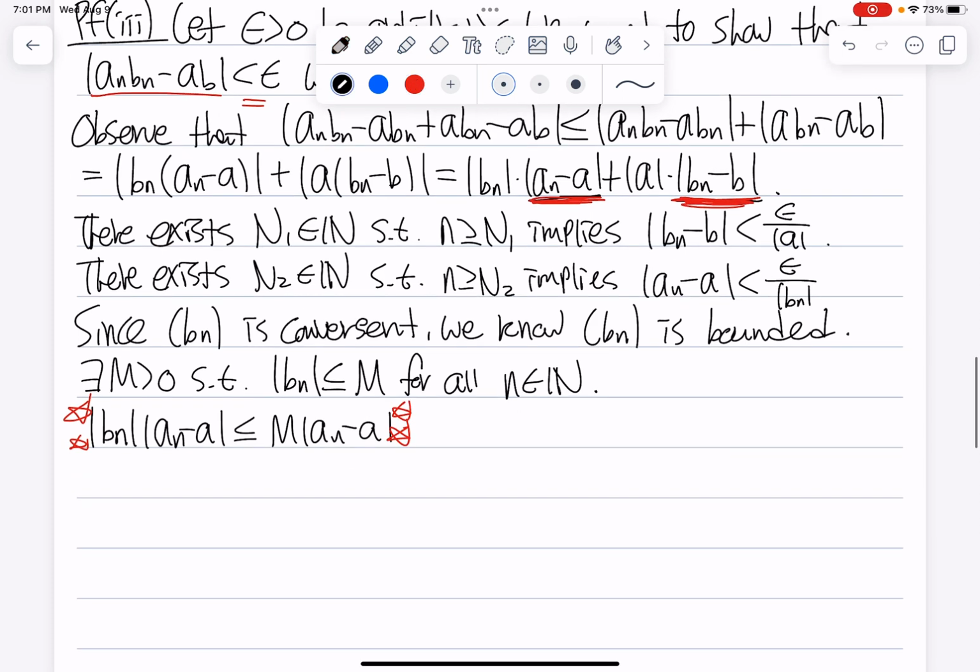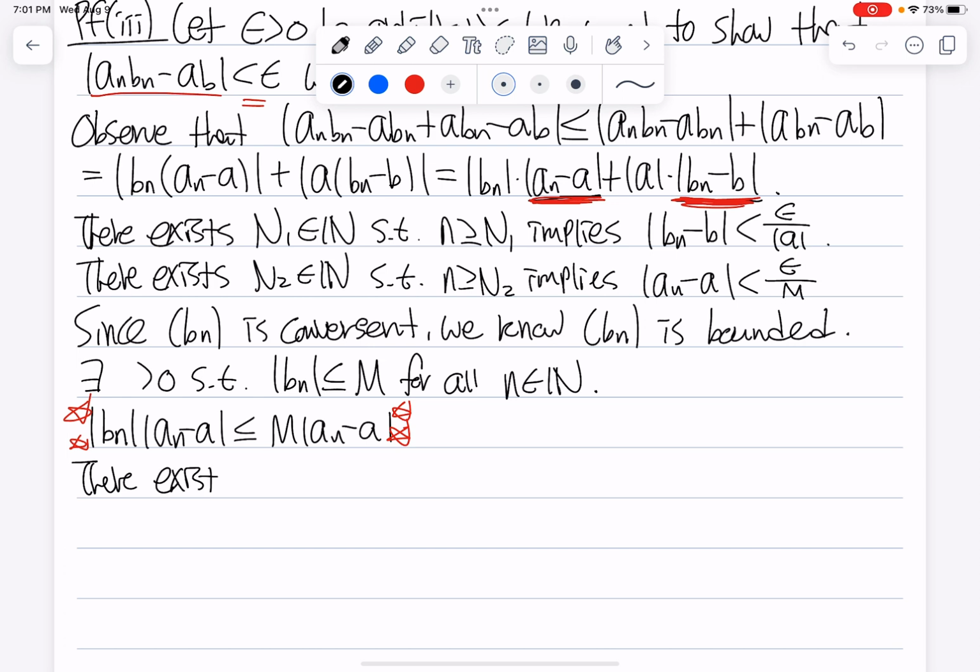So now we want to modify the statement we have up here. Since we weren't able to use |bn| here because it was a variable, we want to replace it with M, the M we found here. So I'm going to put this down here.